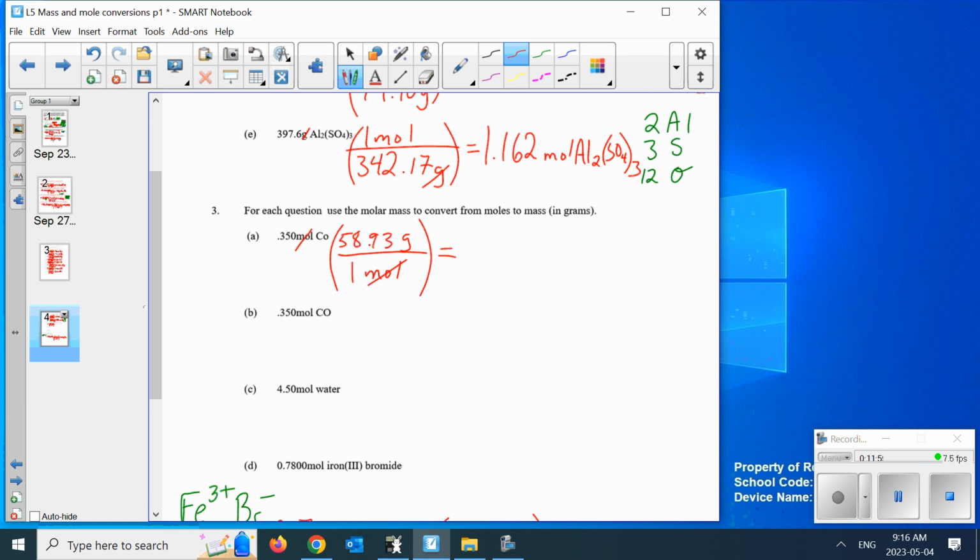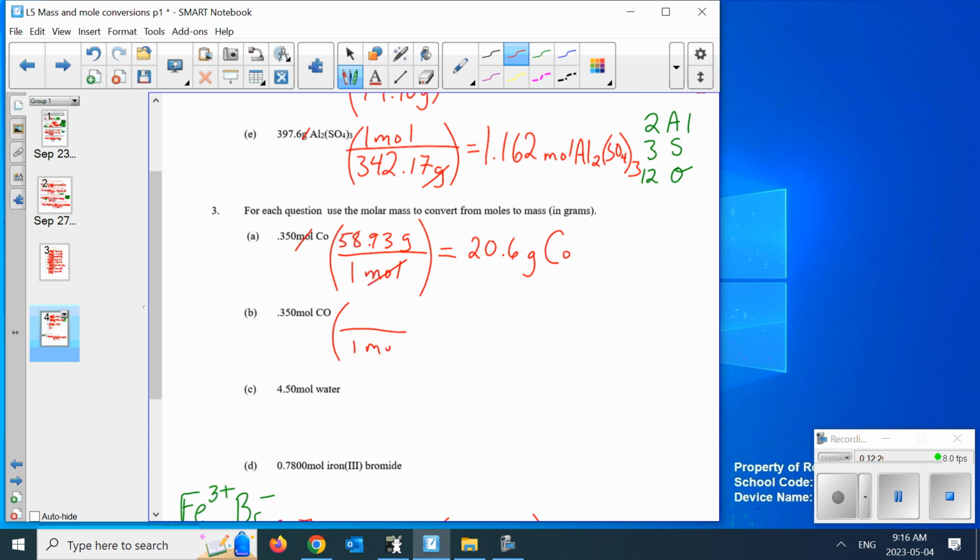And I multiply because they're both on the top. 0.35 times 58.9. I get 3 significant digits, 20.6 grams of cobalt. Now the difference here is carbon monoxide, CO, but it's capital.